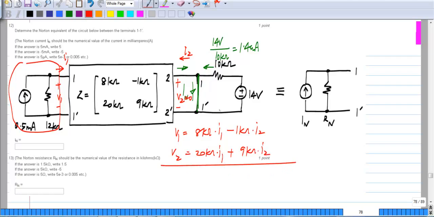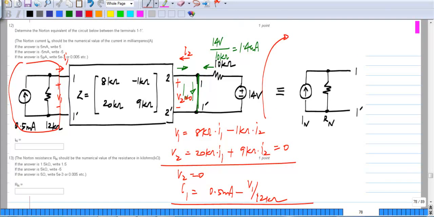And we have the external constraints. Because of the short circuit, V2 equals 0, and because of the source connected here, I1 is half a milliamp minus the current through this, which is V1 by 12 kilo ohms. I1 is half a milliamp minus V1 divided by 12 kilo ohms. Okay.